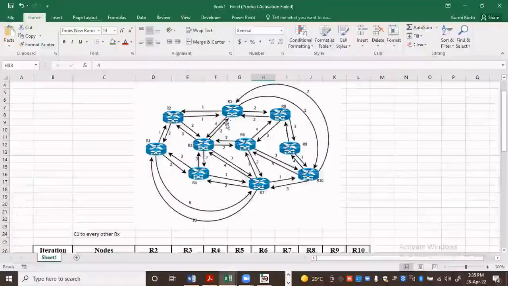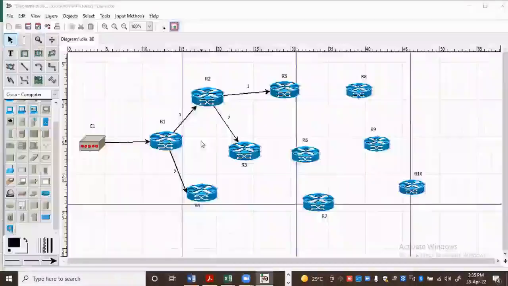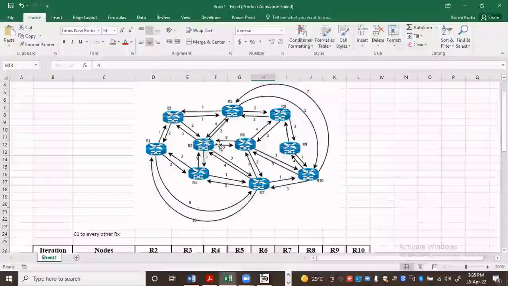It was from here to there, exactly. It was 1 over here, 2 over here, and then there was 2 over here, which gives us 5. So it's 1, 2, 3, and 5.